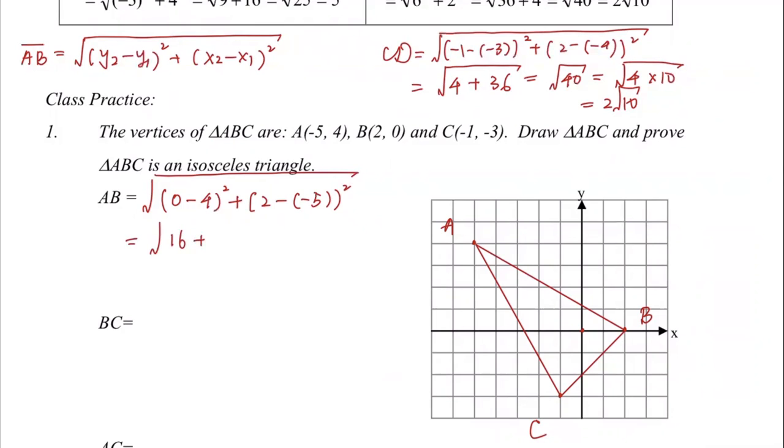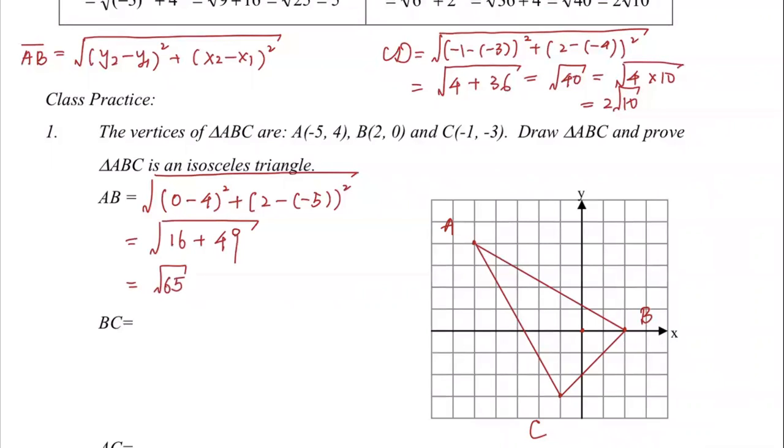Plus 2 minus 5, that's 2 plus 5, right, and 2 plus 5 is 7. 7 squared, that's 49. And 16 plus 49, that's 65. So the answer is square root of 65.